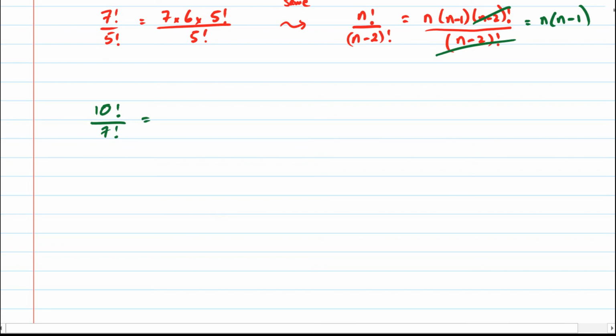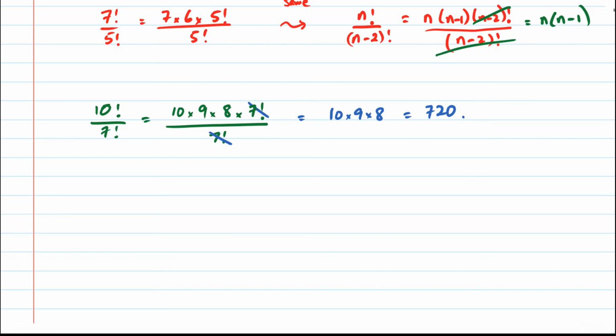What would we get? This would be 10 times 9 by 8. I can go all the way down to 7 factorial. The 7 factorial here will cancel, and so I end up with 10 by 9 by 8. 10 by 9, 90. We'd end up with 720.